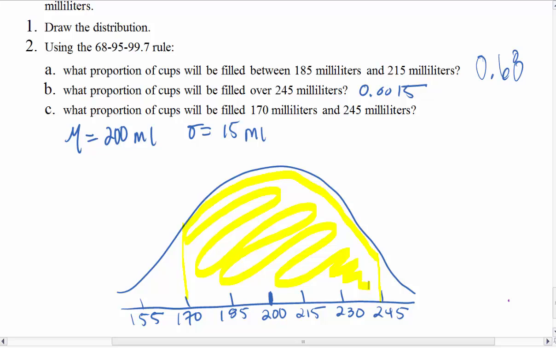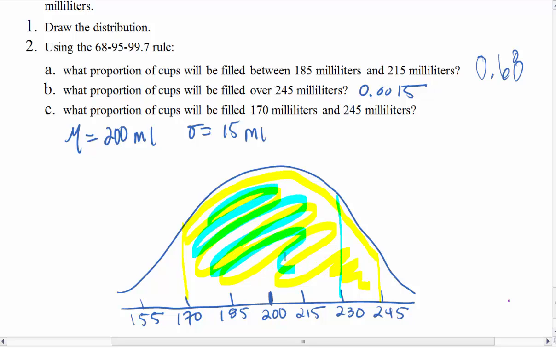Well, one thing that we know is that between 170 and 245 is not an even number of standard deviations away from the mean, but we do know that 170 to 230, this area is equal to 95%. So if we can account for this as 95%, then all we need to find is this leftover area here between 230 and 245.